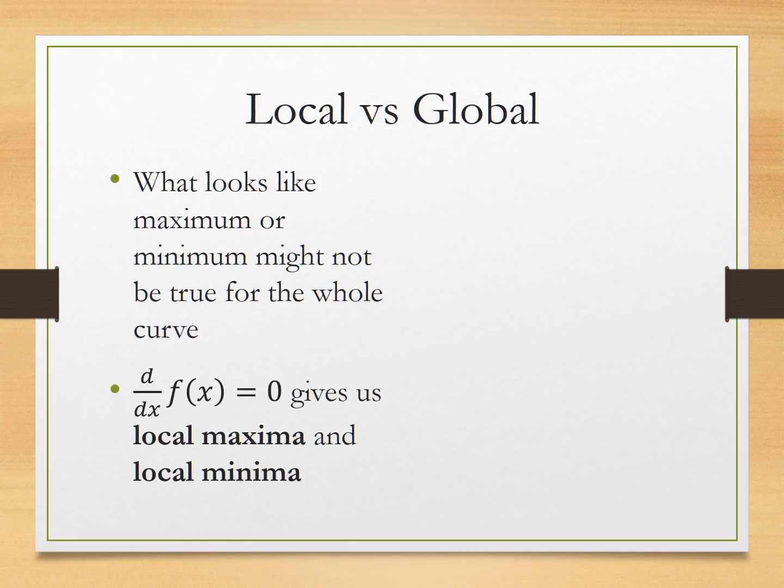That's because the process of taking the derivative of a function, which gives you the slope, and then setting it to 0 to find all the points at which the slope equals 0, only gives you what we call a local maximum or local minimum.